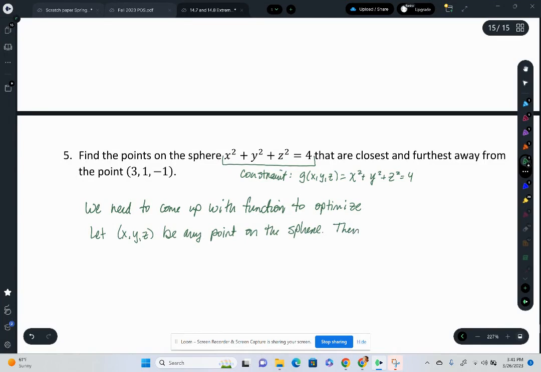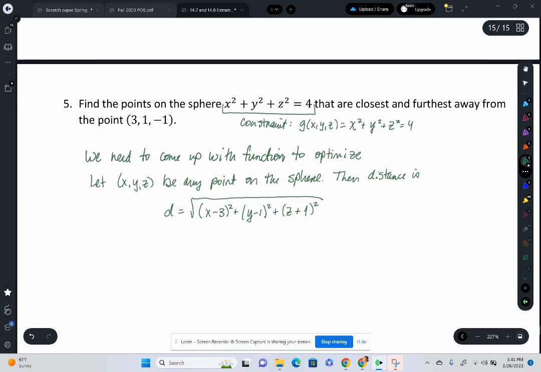Then we find the distance between (x, y, z) and the given point (3, 1, -1). The distance is d equals the square root of (x minus 3) squared plus (y minus 1) squared plus (z minus negative 1, or z plus 1) squared. This is what we optimize.